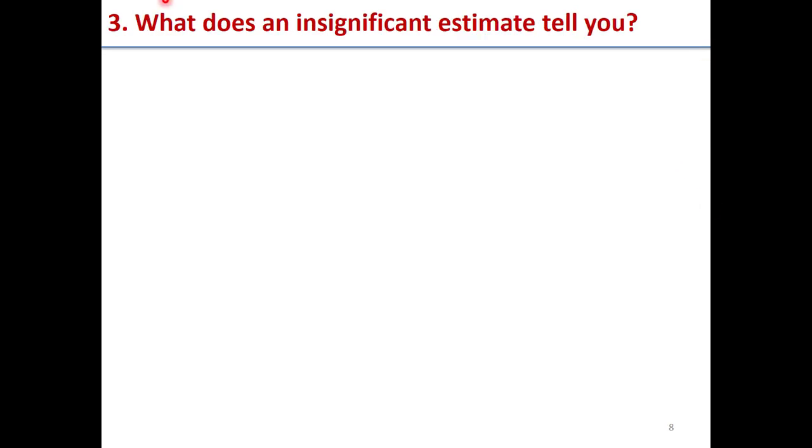Okay, number 3, what does an insignificant estimate tell you? Okay, so you get some estimate perhaps on your key x variable. It's 0 or close to 0, and it's insignificant. What can you learn from that? Well, there are 4 possible explanations. And the first one is that, well, indeed, there is no association or no effect of the key x variable on that outcome.